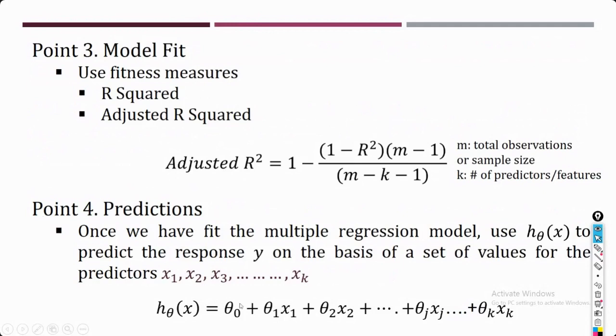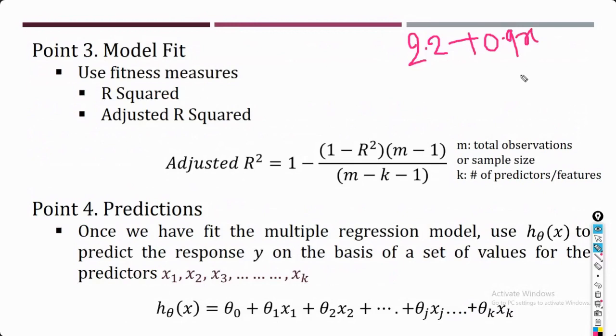Next, once you have the hypothesis, that means once you have the equation, you can use that equation for prediction. That example we have also seen in case of simple linear regression. For that we had the equation like 2.2 plus 0.9x.